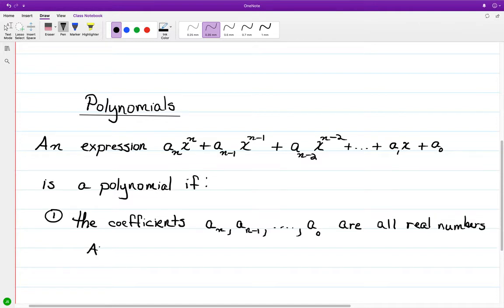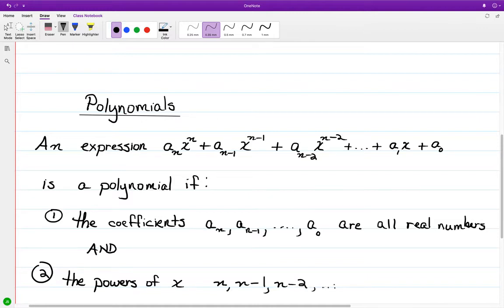And second, for the exponents, in other words, the powers of x, we have n, n minus 1, n minus 2, and so on, are all whole numbers.